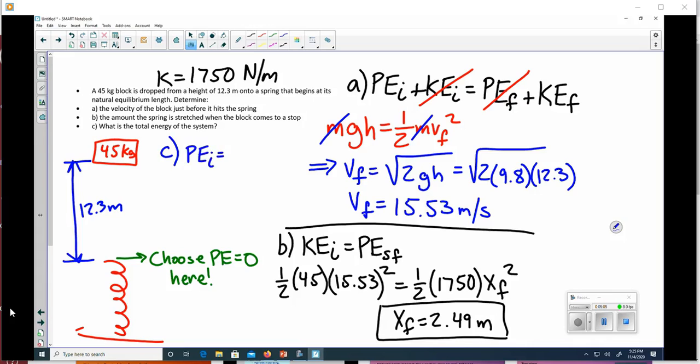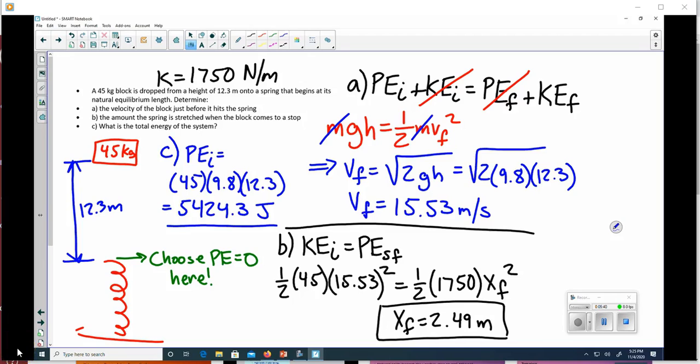To find the total energy of the system, we can just use the initial potential energy, and we find the initial potential energy is 5,424.3 joules.